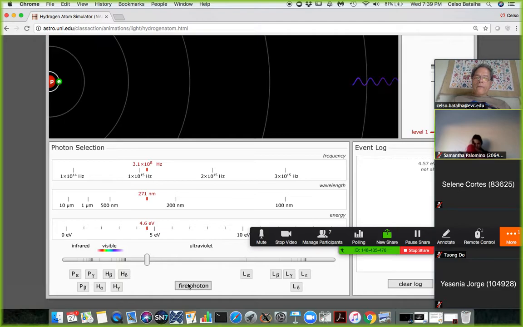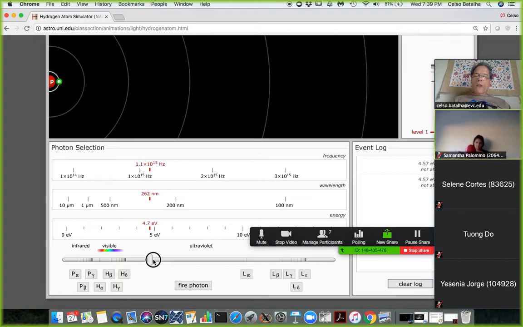If I fire again, nothing's going to happen. So let's say I take a more energetic photon, more wiggly, and nothing happened. But if I take this photon and fire a precise frequency, see what happens.